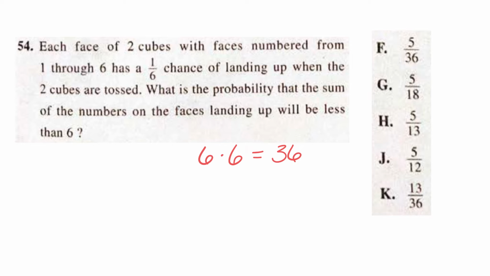Well, let's just go through the one dice. So we could have a 1 and a 4, a 1 and a 3, a 1 and a 2, and a 1 and a 1. Now on that same dice, we could have a 2 and a 3, a 2 and a 2, and a 2 and a 1.